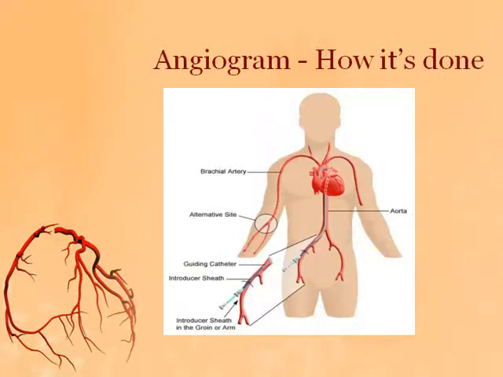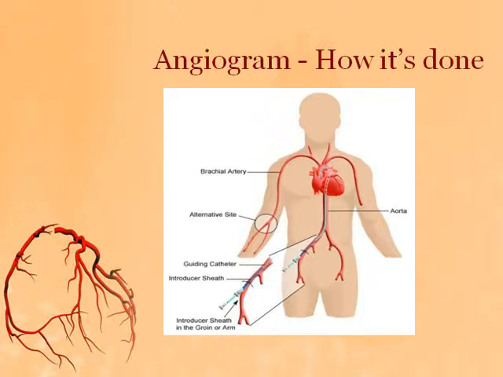Here's the procedure we just talked about, coronary angiogram. The catheter is being inserted into the femoral artery, and from there being advanced through the branches, the main arteries, into the aorta, which is the largest artery in the human body, and from there into the coronary arteries.